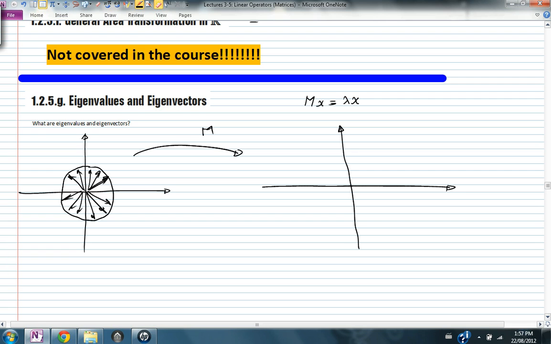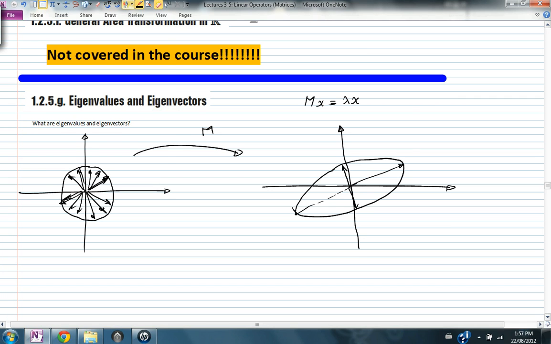So we'll take this vector and maybe it becomes longer. Since it's a linear map, the negative of this will also have the same length. And maybe this one becomes shorter and changes its direction, and so on. So we end up with this ellipse that's the image of this map after transformation.